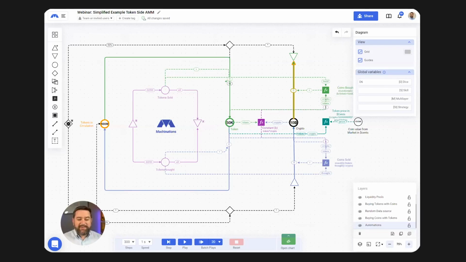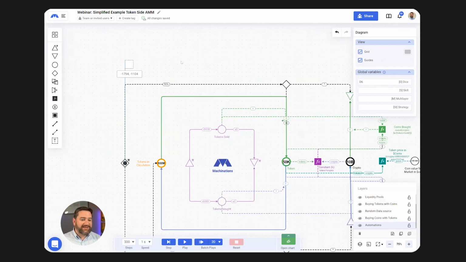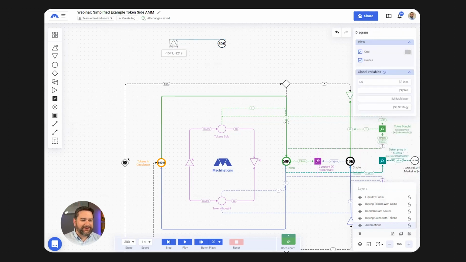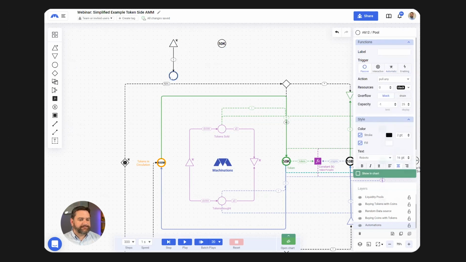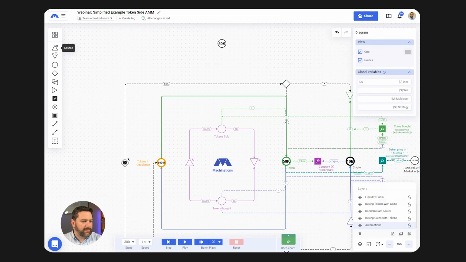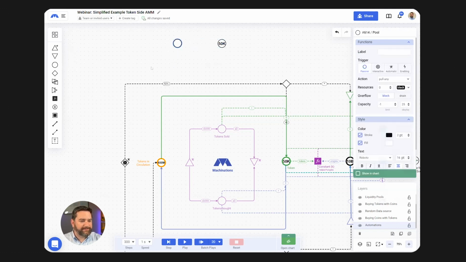what we might be looking at is building a bit of extra logic in here to look at how many tokens are held. So I'm going to say that there's 50,000 resources here in this pool, and I'm going to create a little countdown. No, I'm going to do it the other way. I'm going to create a countdown with a drain.